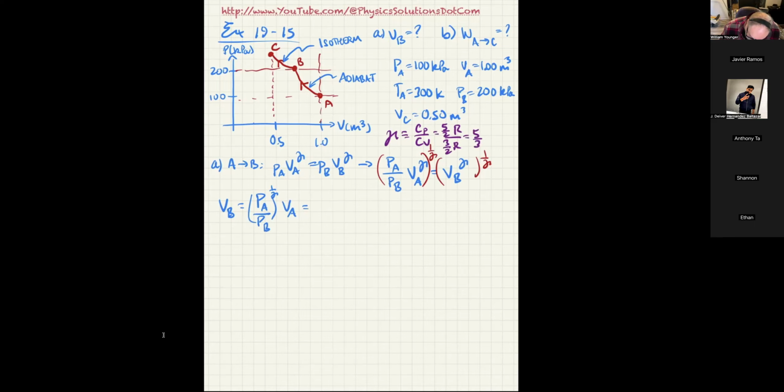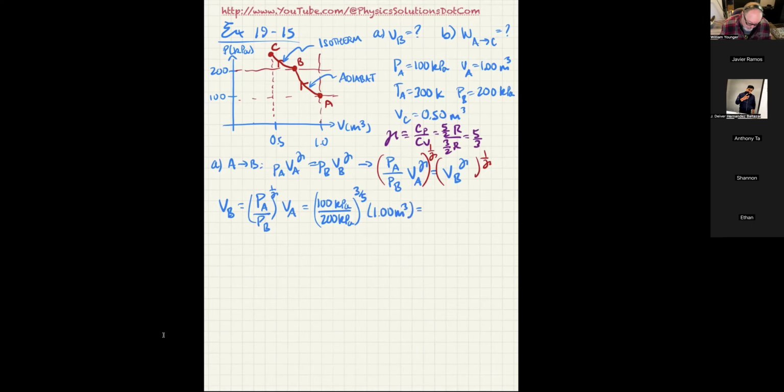Now I'm going to take the pressure at A, which is 100 kilopascals, divided by the pressure at B, which is 200 kilopascals, and I'm going to raise them not to the 5/3 power, but to the 3/5 power, because that's what 1 over gamma is. And then I'm going to multiply that by the volume at A, which is 1.00 cubic meters.